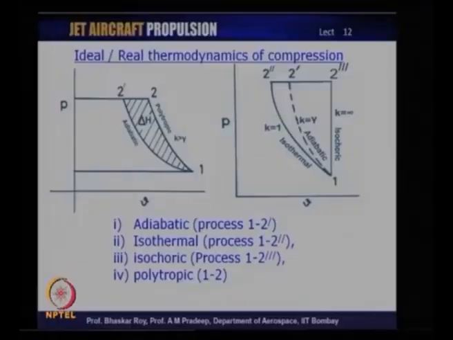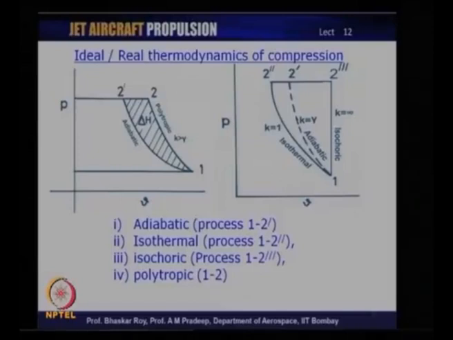The process from 1 to 2 in the PV diagram is typically a polytropic process, a real process. The corresponding ideal process is 1 to 2 prime, and that is often called the adiabatic process. If it is a reversible adiabatic, we would probably call it isentropic process.